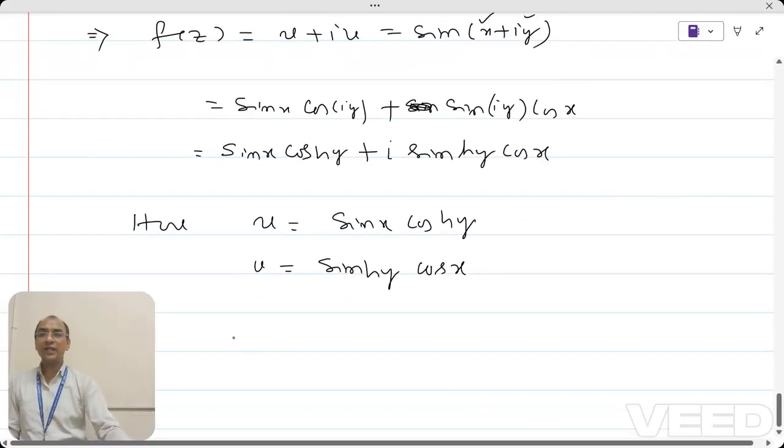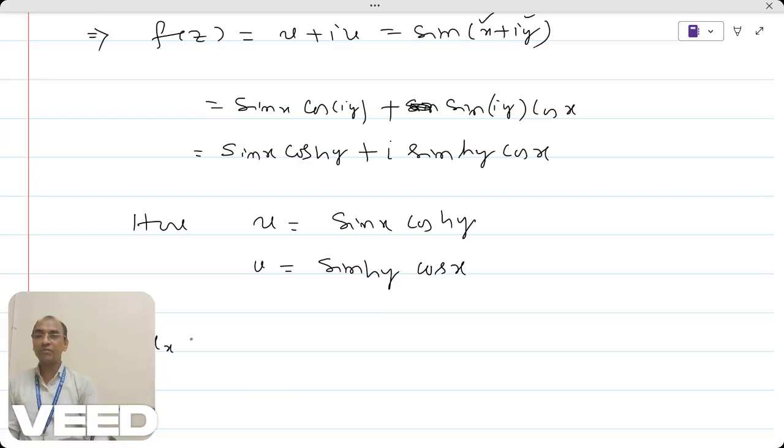Now whether it is analytic or not, for that we will go for the CR equations. CR equations means we have to find the derivative of u with respect to x. The derivative of u with respect to x will be the derivative of sin x cos hyperbolic y, where cos hyperbolic y is constant with respect to x. The derivative of sin is cos, so cos x cos hyperbolic y.